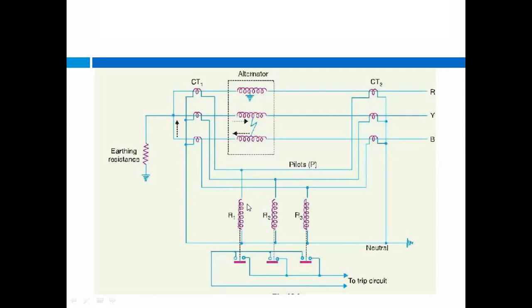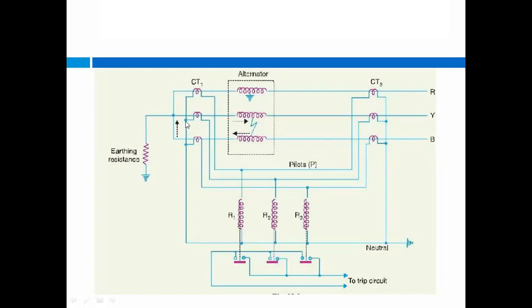Now, what we are doing, we are using here the differential relays. Under normal operating conditions, whatever be the current at the primary side, the same current will be at the secondary side.